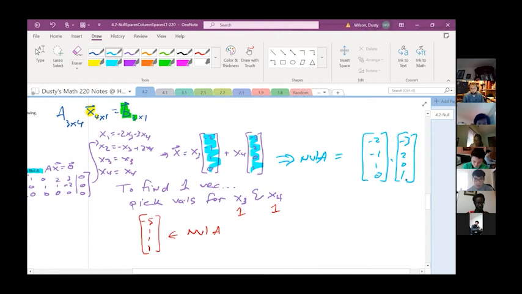Is this my null space? Yeah, from Andrew. What I need is the span of the vectors. Okay, something like that.